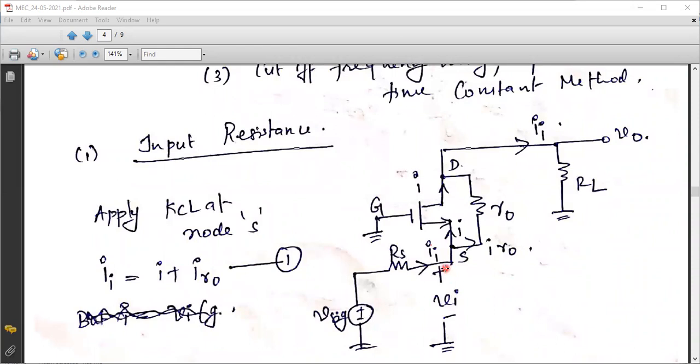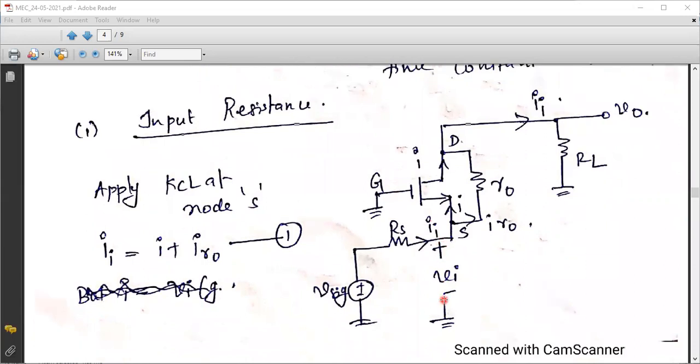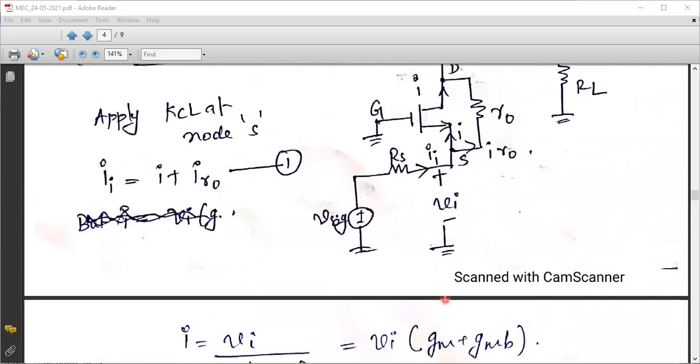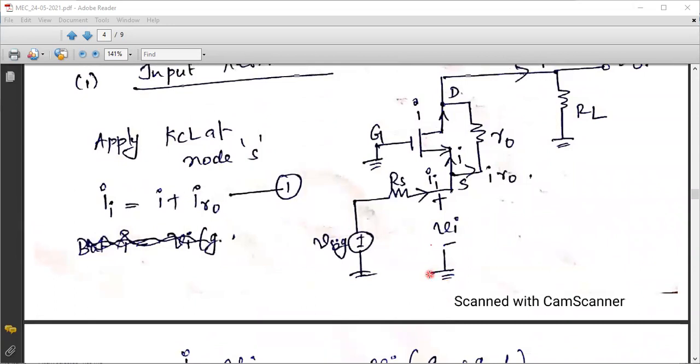You can see, right? Between gate and source, what is the voltage that you have? You have VI, because the gate is at ground voltage, so the potential difference across gate and source will be nothing but the potential at source. What is the potential at source?